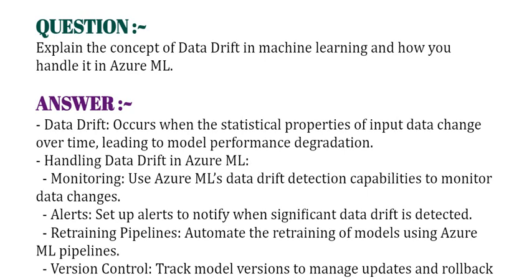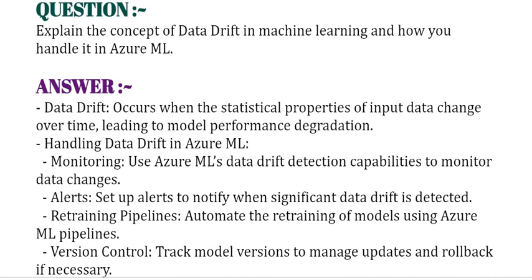Monitoring: use Azure ML's data drift detection capabilities to monitor data changes. Alerts: set up alerts to notify when significant data drift is detected. Retraining pipelines: automate the retraining of models using Azure ML pipelines. Version control: track model versions to manage updates and roll back if necessary.